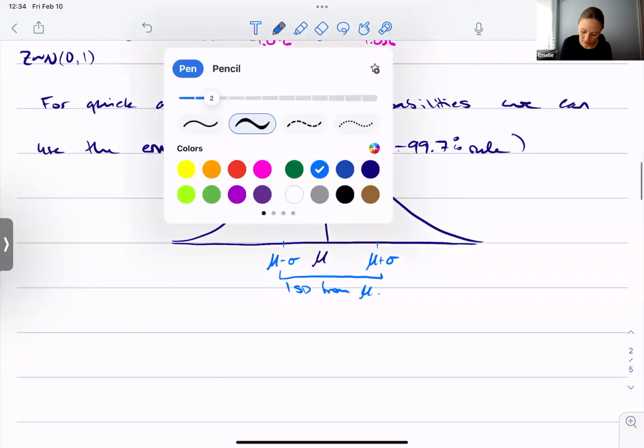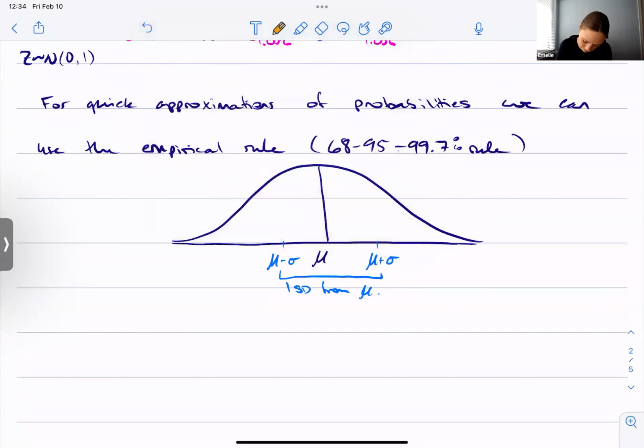Then the area between here, a quick approximation is that 68% of the data is within 1 standard deviation from the mean. Okay. And so here we have, let's see.